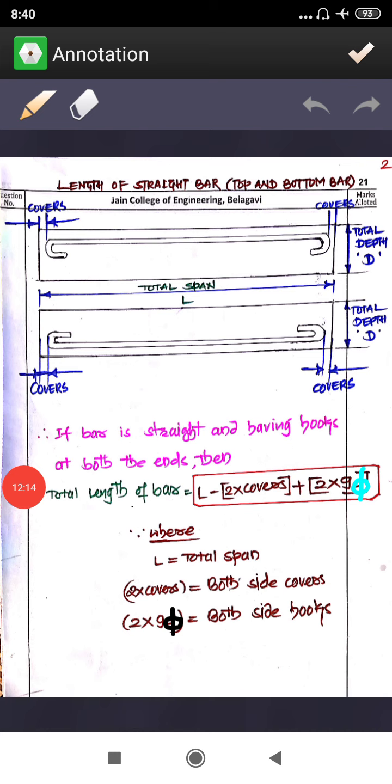Now here I am going to use the dia symbol instead of taking that d. So it will be very easy to understand, else you will be getting confusion between the d and dia, d and the effective depth d. So total length of bar is L minus 2 covers plus 2 into 9 times of dia.